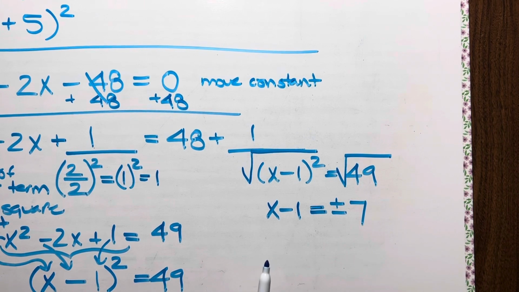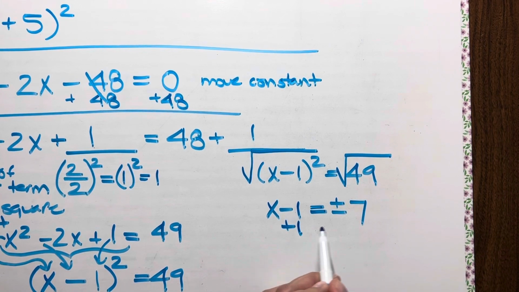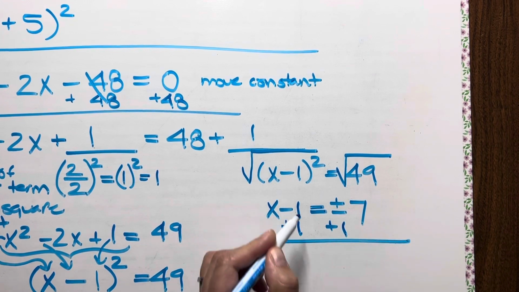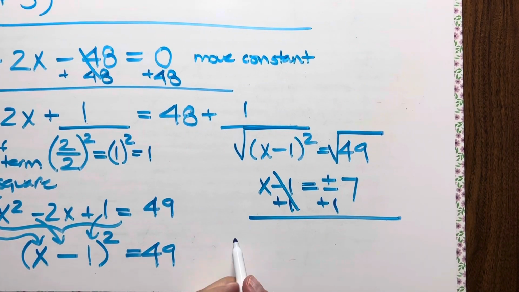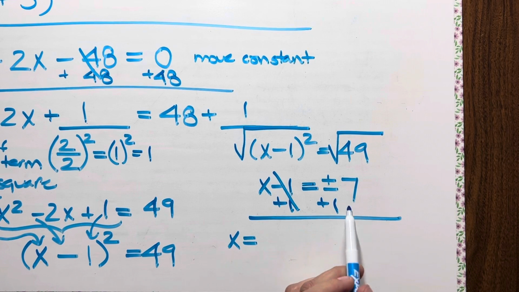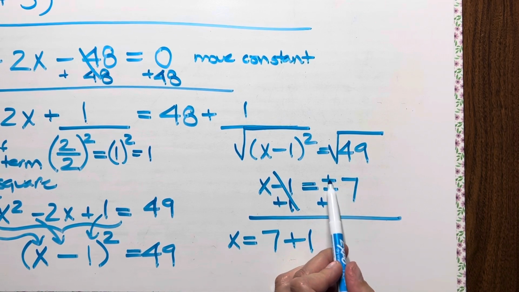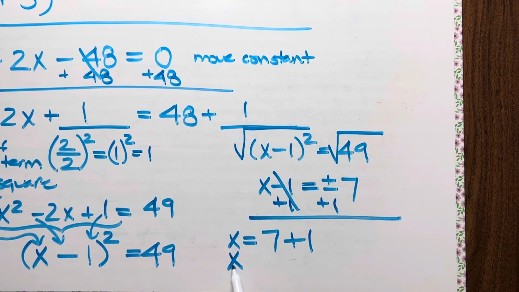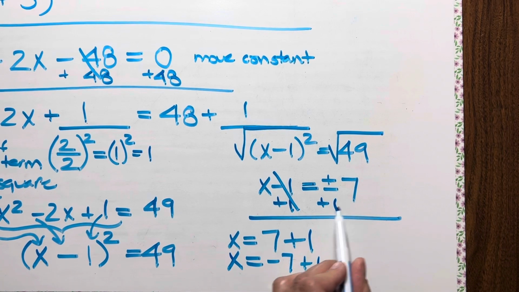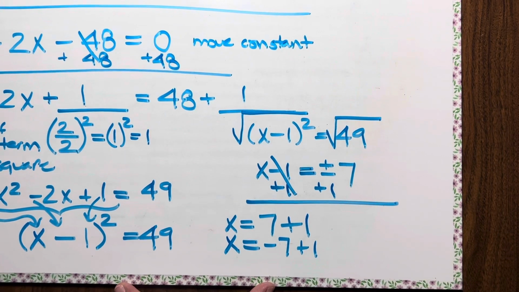Now, to solve this, I need to add 1 to both sides, but be careful, because what I'm going to have is two different things. I'm going to have a positive 7 plus 1. That's my plus 7 right here. But I'm also going to have a negative 7 plus 1. That's how I get my two different answers for this quadratic.